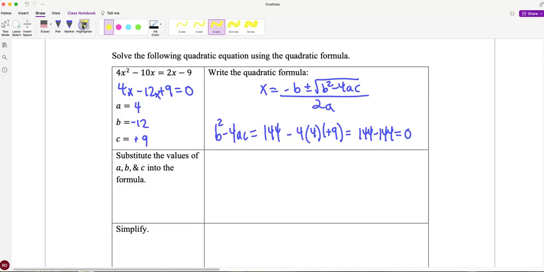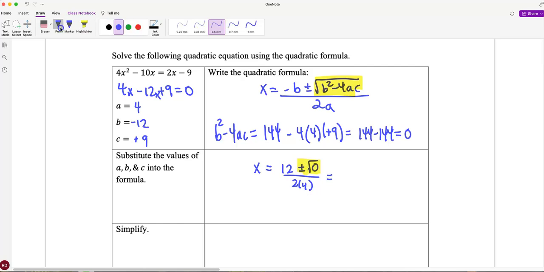So that's going to simplify it, because that means that that whole thing is going to be 0. So it's going to be plus or minus 0. I'm going to get one solution here. So I'm going to get x equals negative b plus or minus the square root of 0 over 2a. So this is just 0 right here.